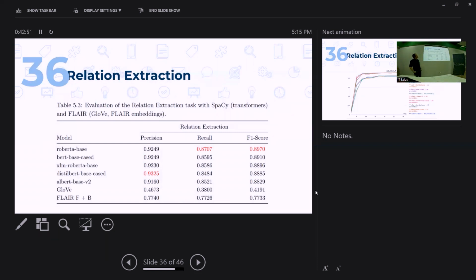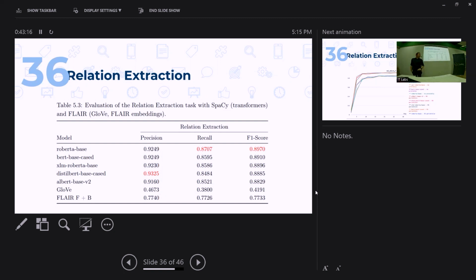Now, the results for the relation extraction. Here are the results: the precision, recall and F1 score. Here we have the spaCy transformer model integrated in spaCy, and we have non-contextual. As I mentioned in the beginning, for relation extraction the score is quite awful for non-contextual embeddings.